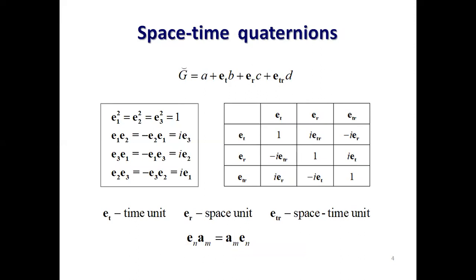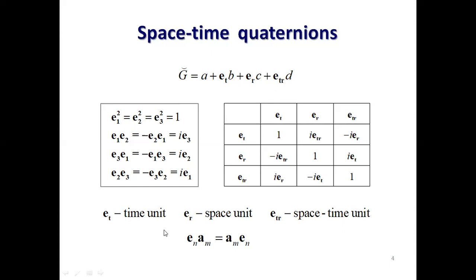Space-time quaternions. A space-time quaternion consists of two parts, scalar part and so-called space-time part. The E basis, ET, ER, and ETR, have the same rules of multiplication and commutation as the elements of Macfarlane algebra, but the properties of these elements are different.